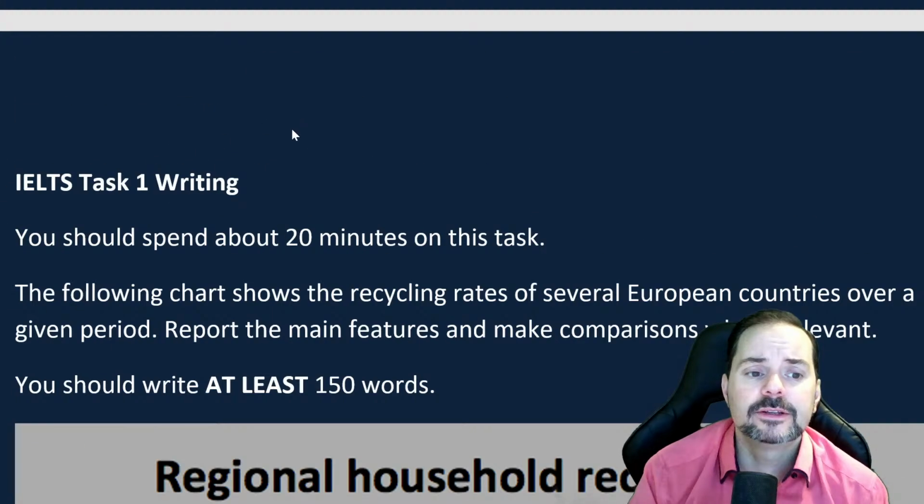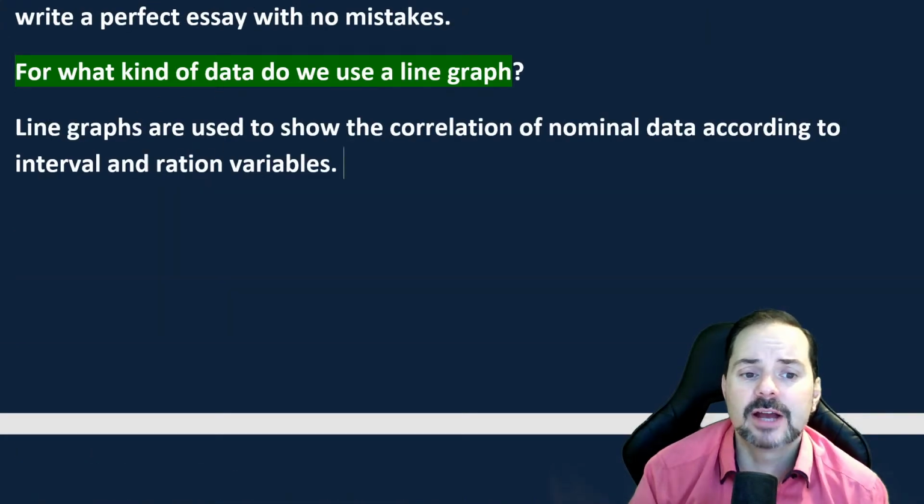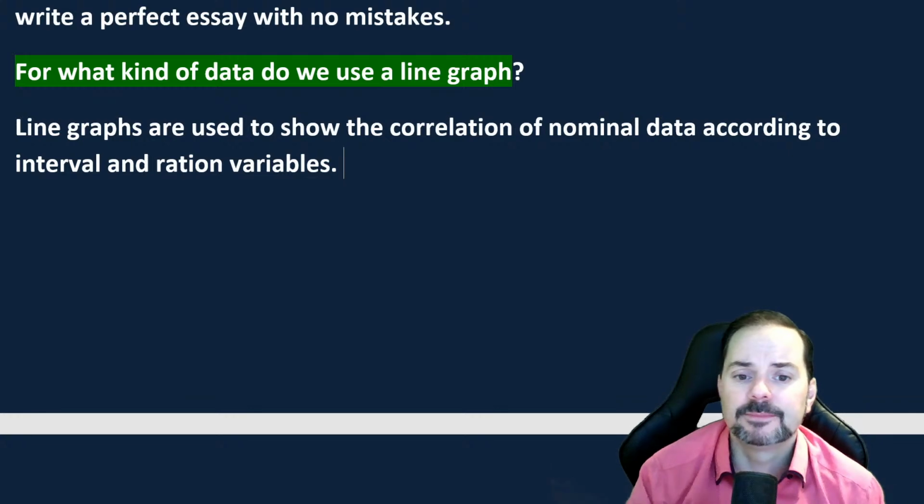So again, just to reiterate, line graphs are used to show the correlation of nominal data according to interval and ratio variables. Okay, all right.